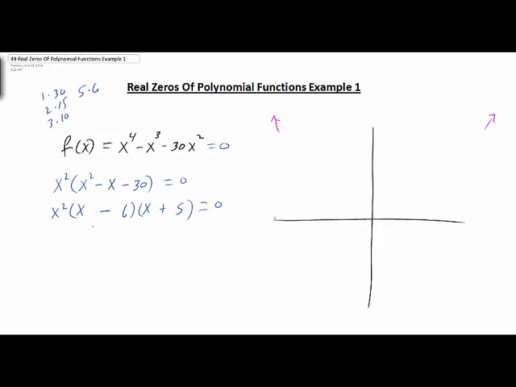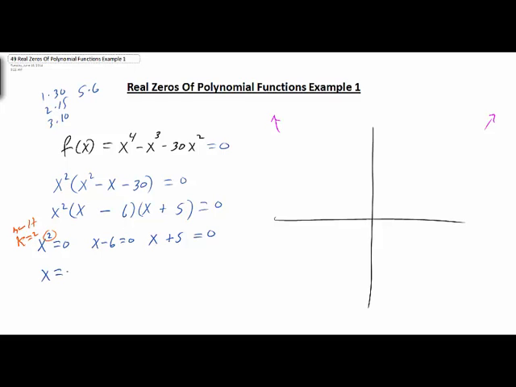We have our three factors, so we're going to set each factor equal to 0. Now don't forget the x squared, we also set that equal to 0. x minus 6 is equal to 0, and x plus 5 is equal to 0. So here we have x squared equals 0. Notice this, this is giving us that repeated 0, so we have a multiplicity where k equals 2, so we have an even repeated 0.